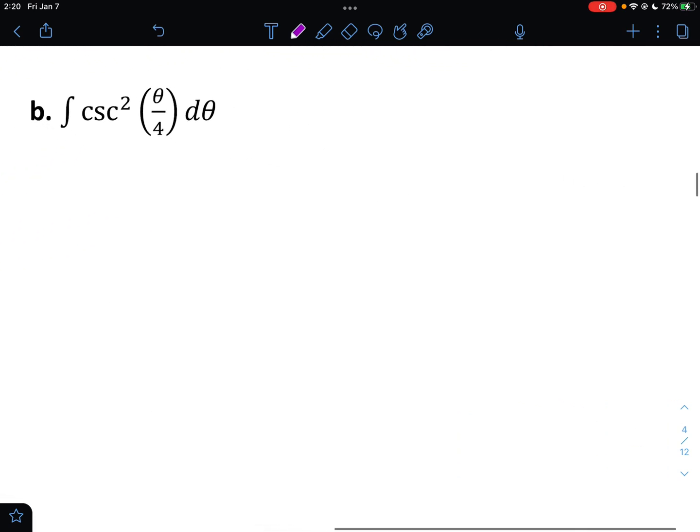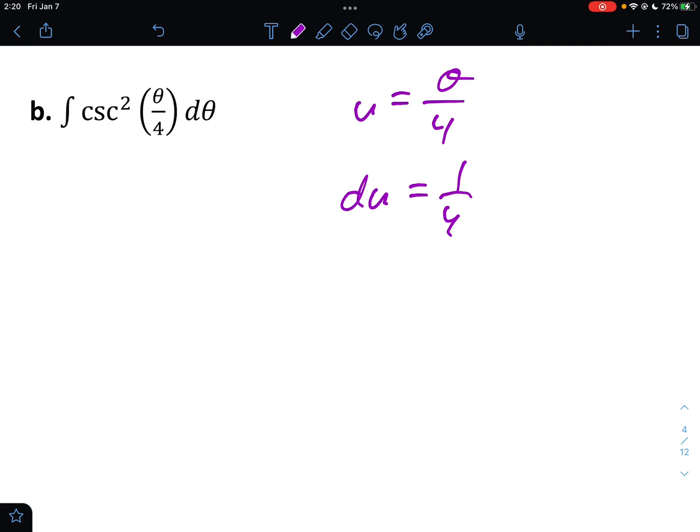This one, so we're going to substitute u is theta over 4. So du equals 1/4 d theta. But we're not looking for 1/4 d theta, we're just looking for a d theta, that's it. So that would be 4 du equals d theta.